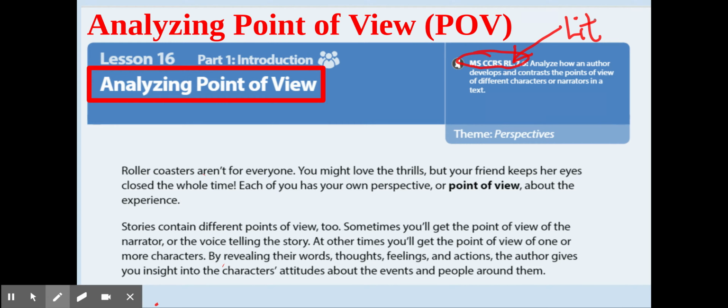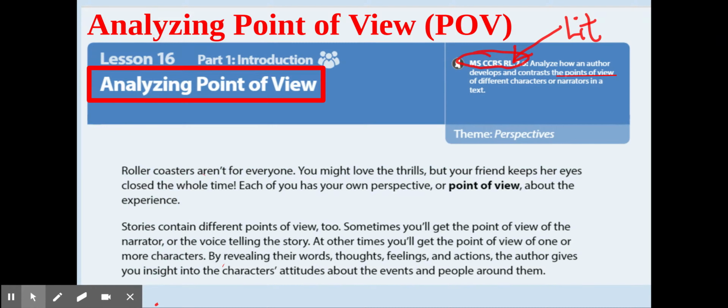It has its own point of view thing that we'll look at later. But yeah, we are looking at point of view and how the author develops the point of view of the characters or narrators in a text and how it could possibly change.